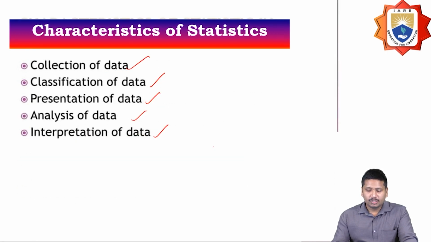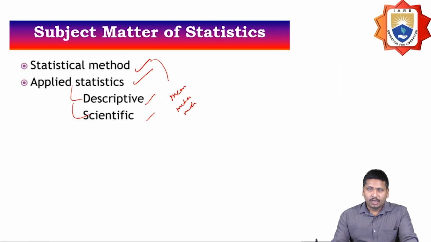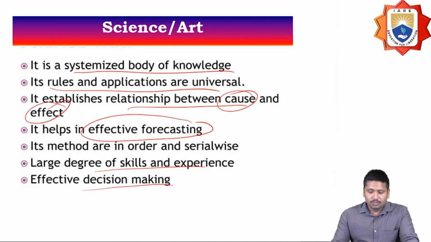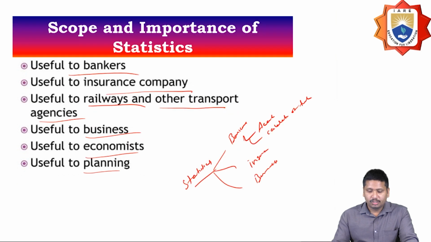And mainly these statistics are for collecting the data, classification, presentation, analysis and interpretation. When it comes to the subject matter, we need statistical methods and applied statistics. Again, this applied statistics is further divided into descriptive and scientific.